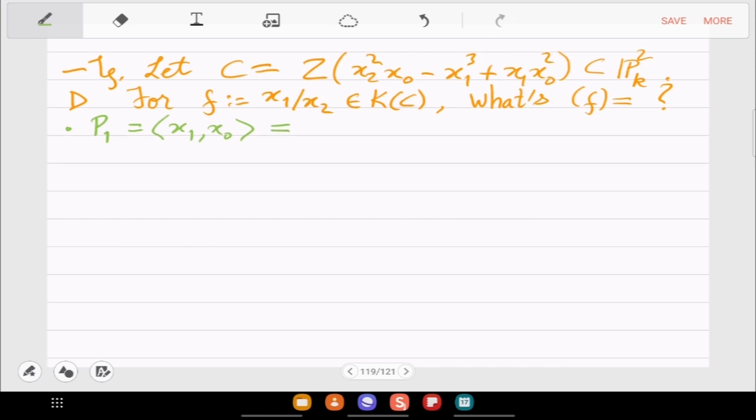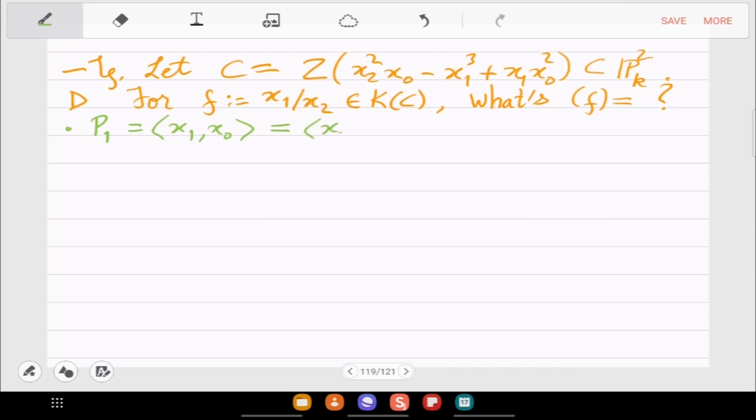Because we want to think of the valuation that this defines. So if you remember the calculations to find the uniformizer, what we do is we look at this curve equation and break it up into x0 and x1 parts. From that you can learn that either of these can be chosen as uniformizer.